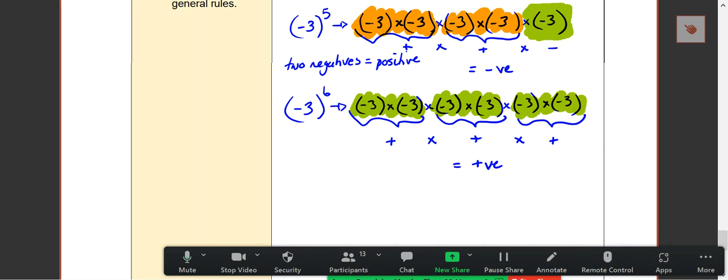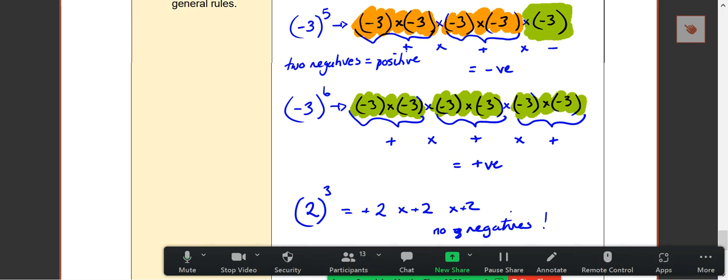A negative number, yeah. So if I've got a positive base like 2 to the power of 3, I'm never going to have a negative. It's always just positives. So I've got no negatives available, so it can never be negative. So I've explained that bit as well.